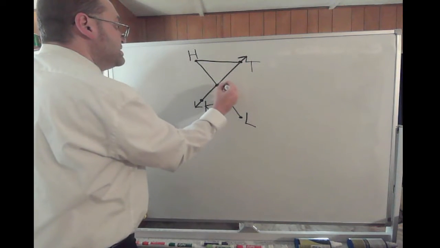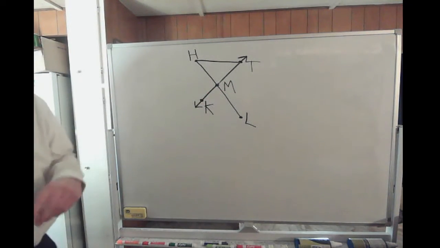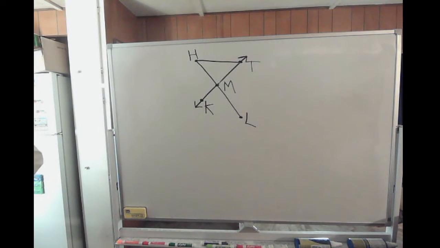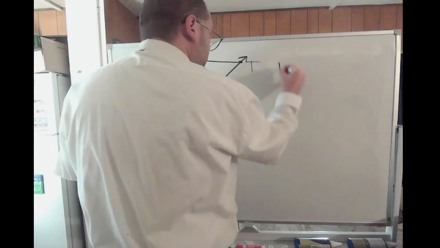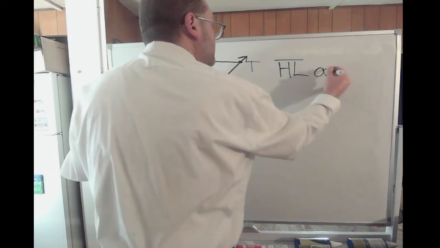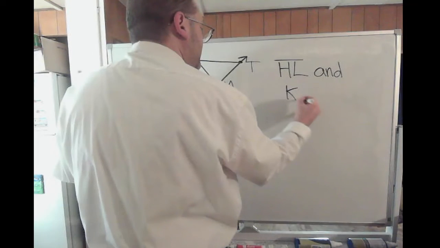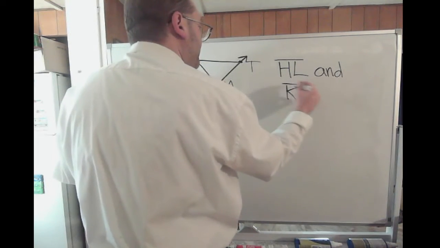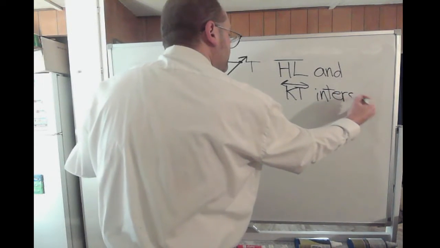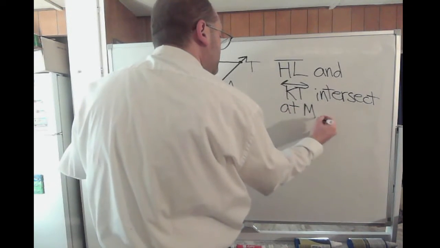The midpoint is M. Not the midpoint, but that's where the line segment and the line intersect, at point M. Okay? Let's see. So line segment HL and line KT intersect at M.